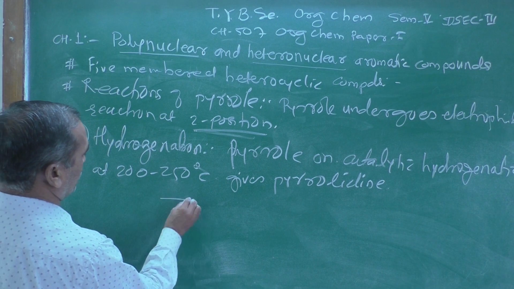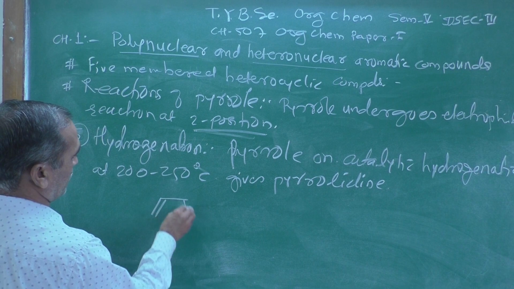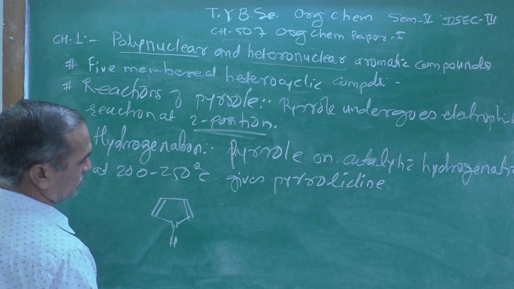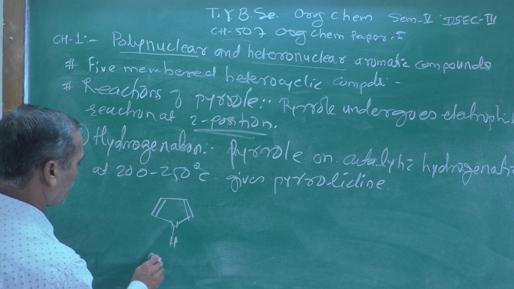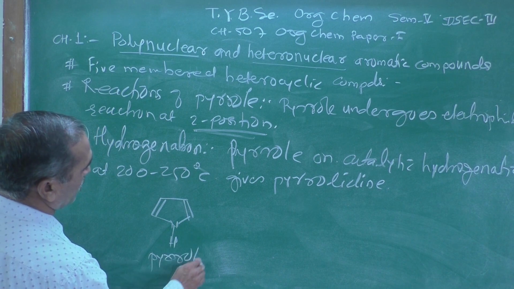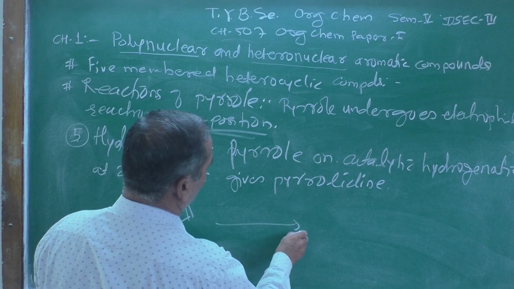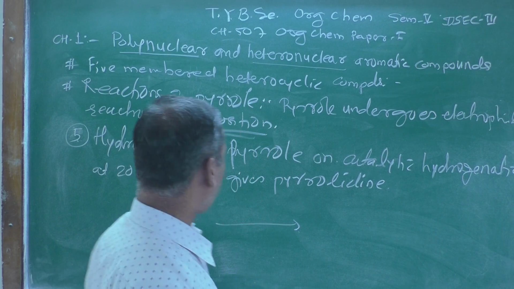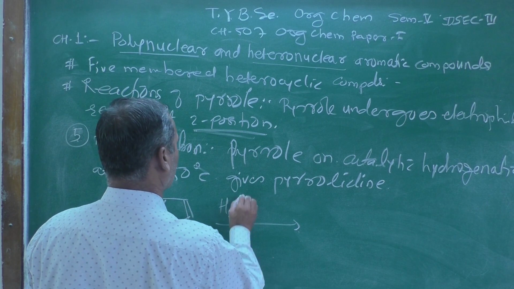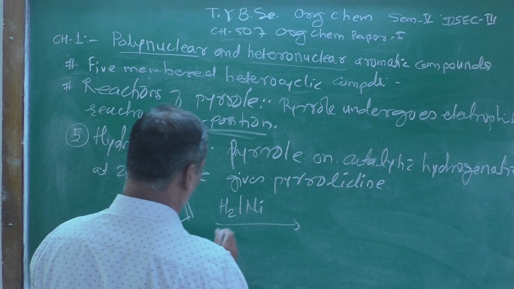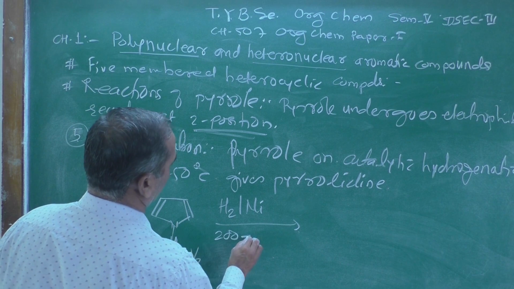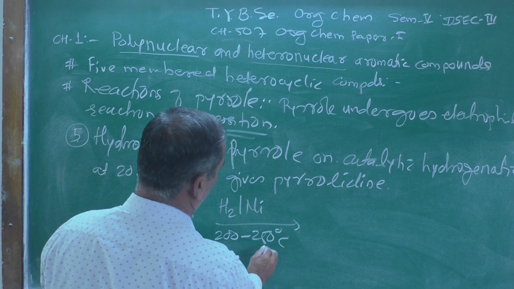And as we know, the structure which I am showing here is pyrrole, right? This is the starting compound. Pyrrole, when it is treated with the catalyst generally used here, H2 in presence of Raney nickel, the temperature is around 200 to 250 degrees centigrade.